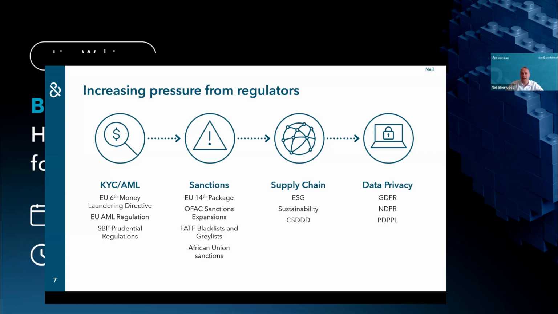And also supply chain is becoming a much bigger issue, with the wider ESG topic becoming a key imperative for many firms. And finally, data privacy is consistently making itself known in the background. And we're going to talk a little bit more about the last 3 areas over the next few slides.